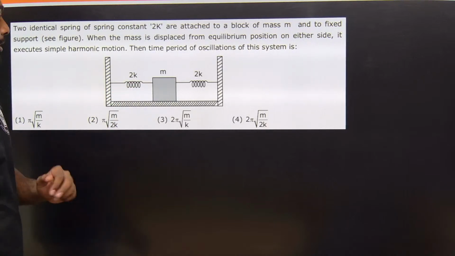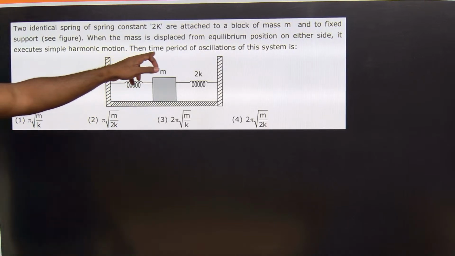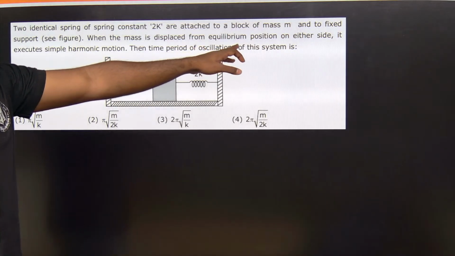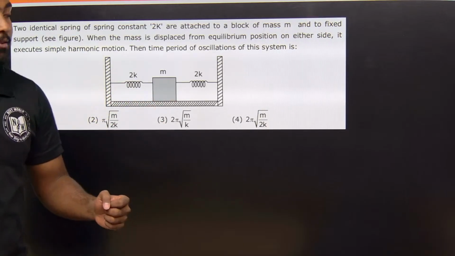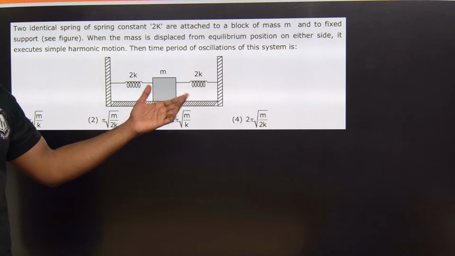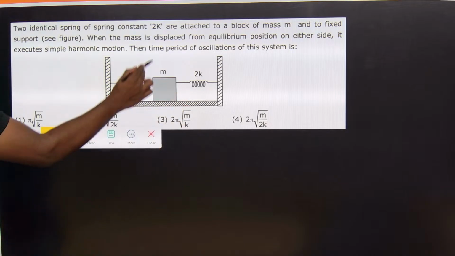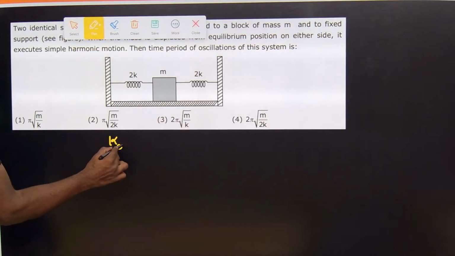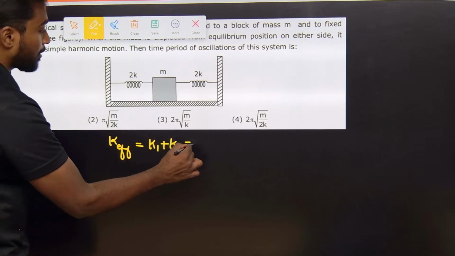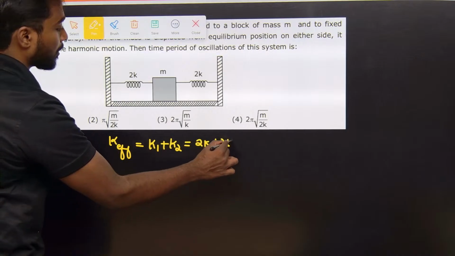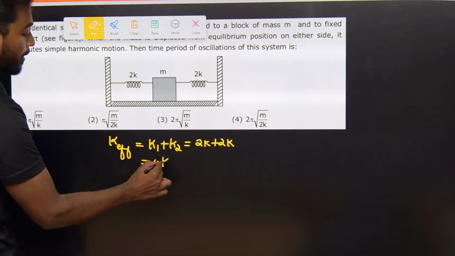Then the time period of oscillation of this system is, so first let me find the K effective of this system. Parallel condition means K effective equals K1 plus K2, which is 2K plus 2K, that is 4K.